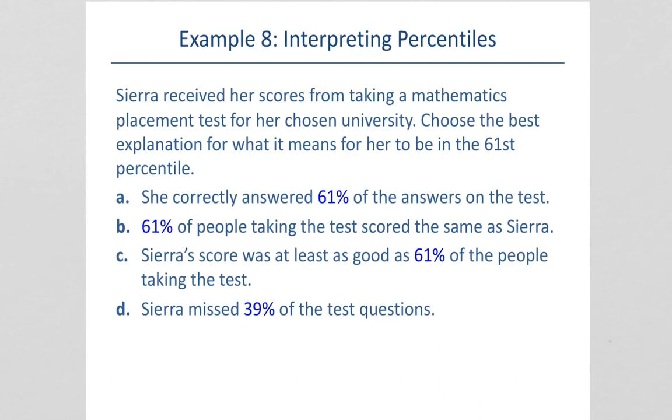So A says she correctly answered 61% of the answers on the test. We already said that's not the case because it's not a comparison, and percentile is a comparison. B says 61% of people taking the test scored the same as Sierra.